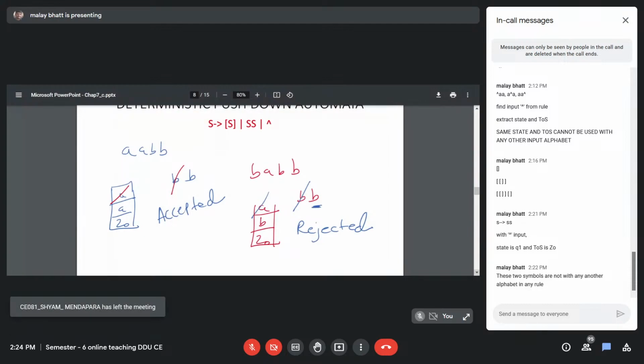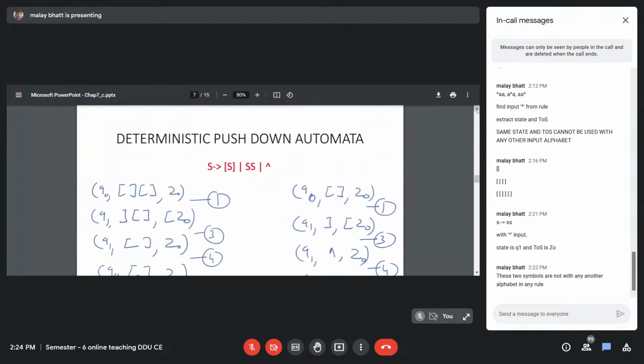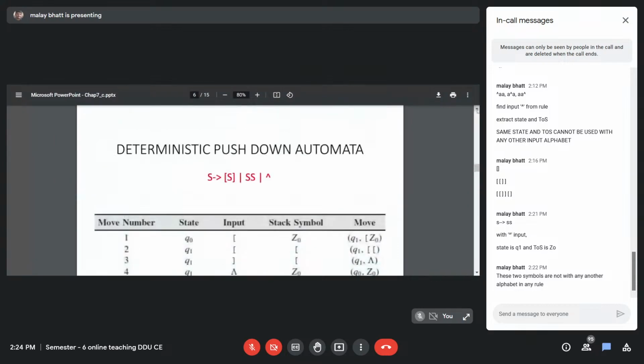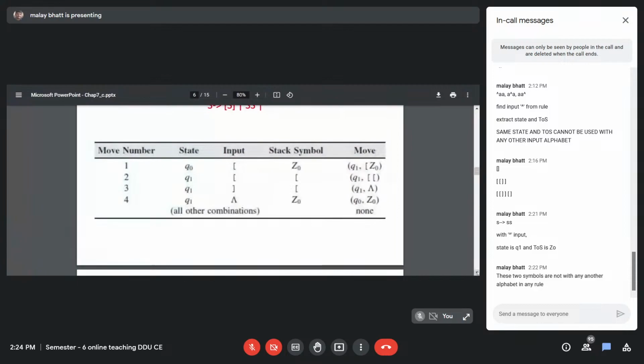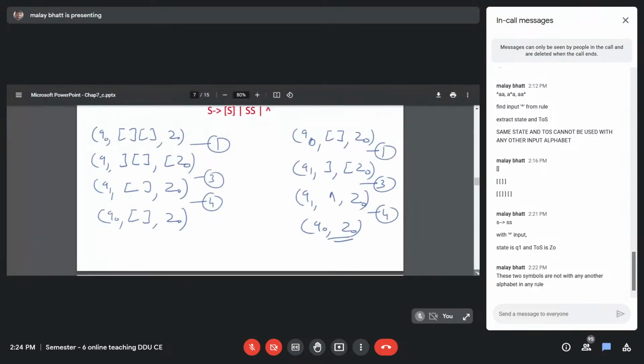And similarly, the second closing bracket will match with the other opening bracket. If it is BABB, this will not work because B is a closing bracket. Clear? We don't have any such rule. We don't have any rule like Q0 closing bracket, so it will not work.